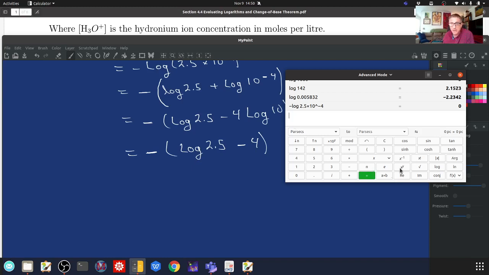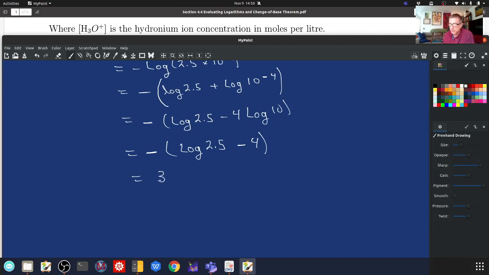So I know how to find the log of 2.5, and then I'm going to subtract 4 from it, and then I'm going to change its sign. So it's 3.6 approximately. And if you've done anything with pH, you know that's a perfectly normal and acceptable pH level. This little symbol I did right here, you can do it either this way, that means it's approximately equal to, or this way.